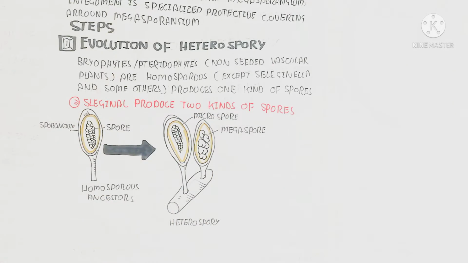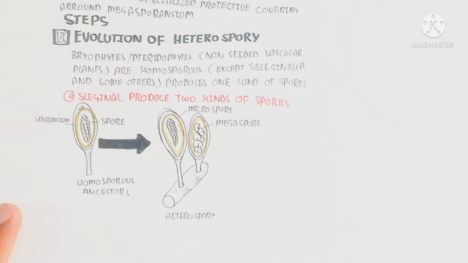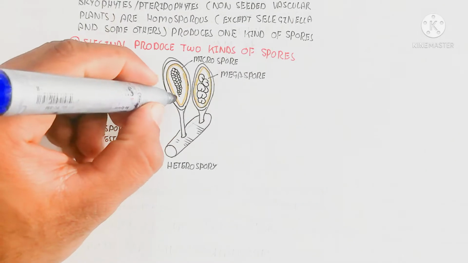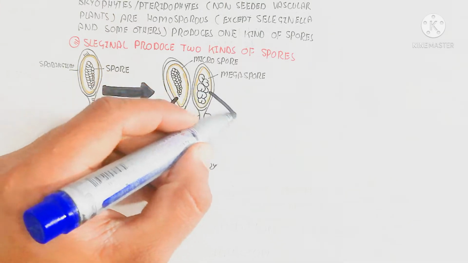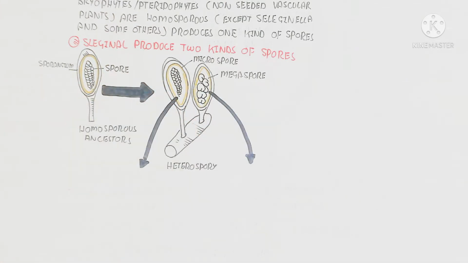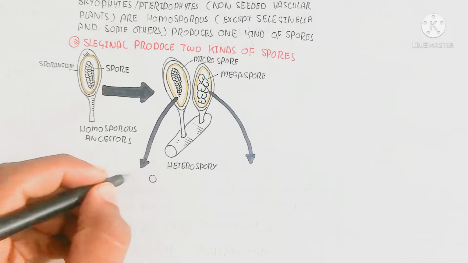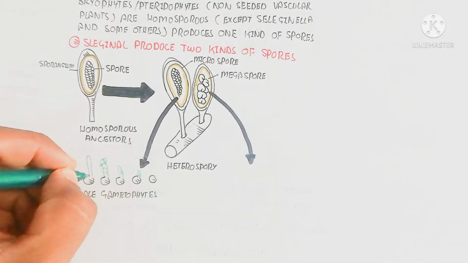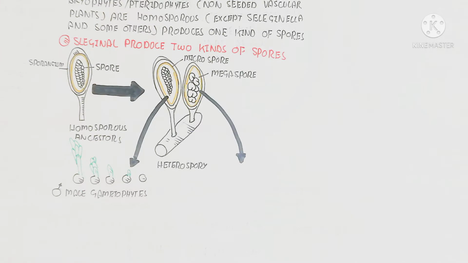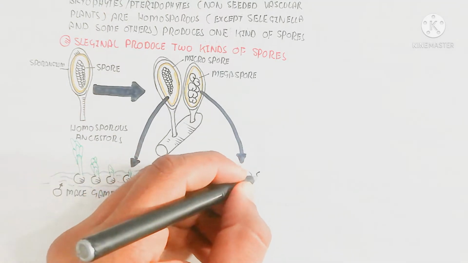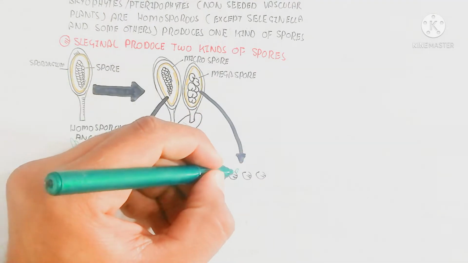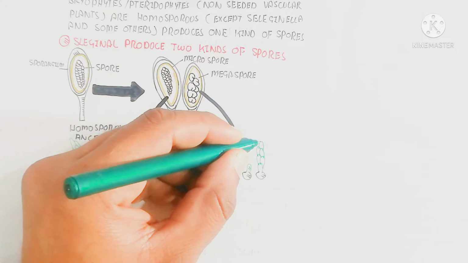After maturation the spores are shed and move into the soil, and the male gametophyte and female gametophyte develop separately. These two gametophytes fertilize together to produce again two types of spores, megaspores and microspores. This life cycle is known as the alternation of generation.